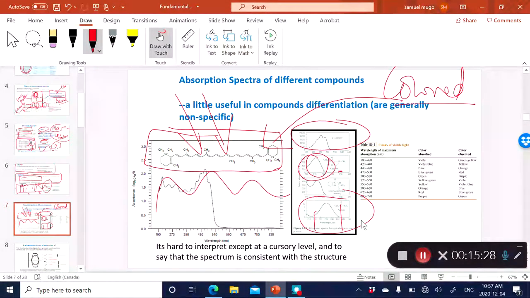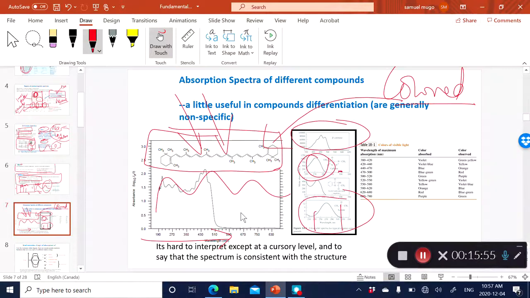So as you can see, it's very difficult to really find a lot of information sometimes just by merely looking at a very complex molecule in terms of its spectra, because the spectra seems very undefined. It's just a hump. But sometimes we use the spectra at a very cursory level to differentiate different types of compounds.